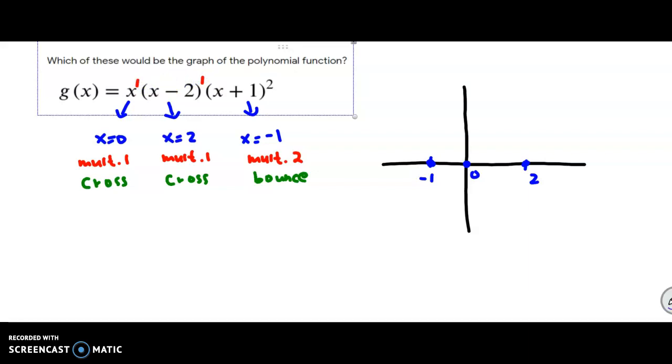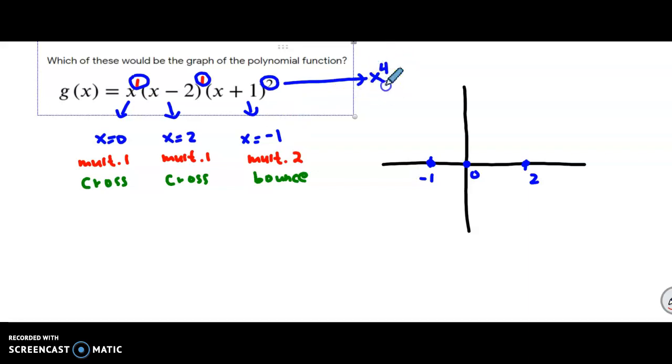Now, I'm not going to ask you to do this, but if we were to multiply everything out, if we were to add these exponents, 1 plus 1 plus 2, then the biggest term is going to be x to the fourth. This is your most important term, when it's x to the fourth power.